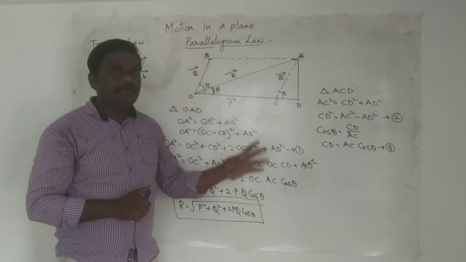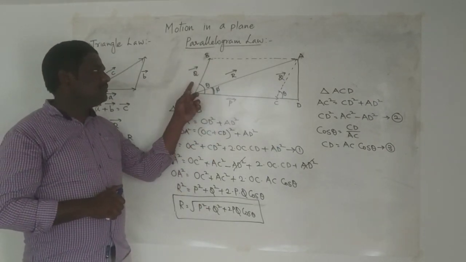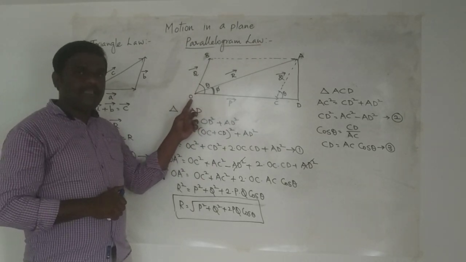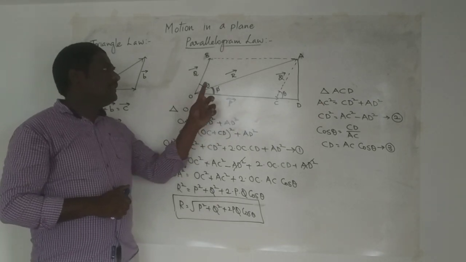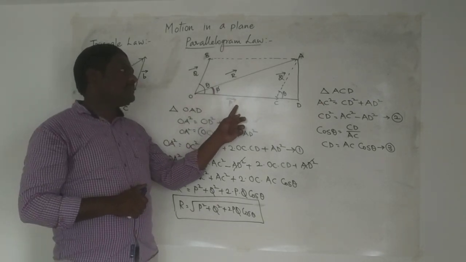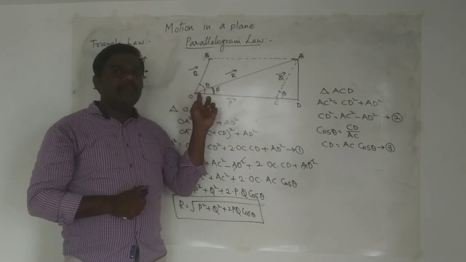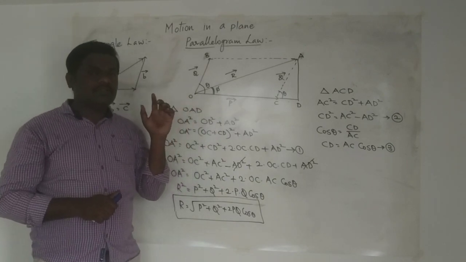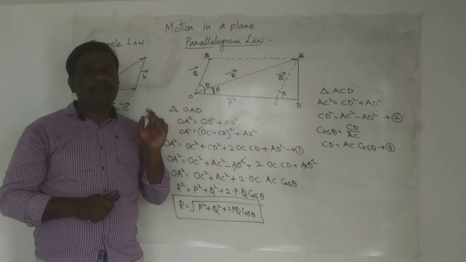Coming to the parallelogram law of vector addition, two vectors are taken as two adjacent sides of a parallelogram drawn from the same point, both in magnitude and direction, and the resultant of these two vectors is represented by the diagonal drawn from the same point, both in magnitude and direction. The phrase "both magnitude and direction" is a common term you must place everywhere.